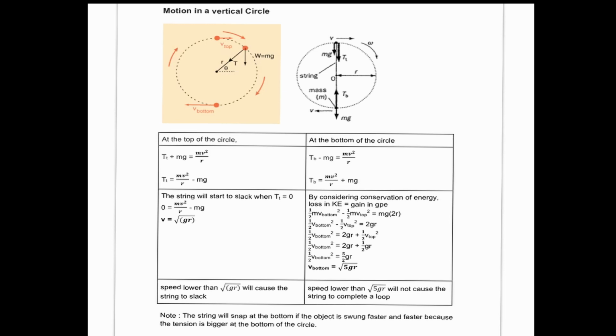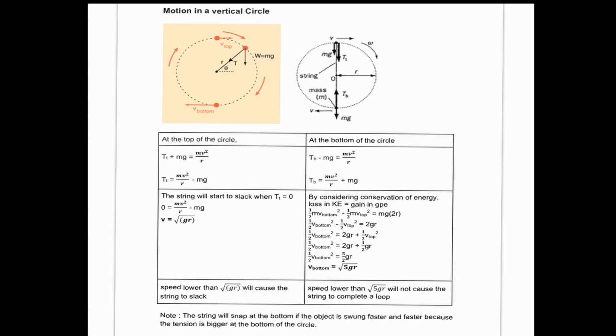So the resultant force here, which is your T plus mg, becomes your centripetal force, which is mv squared over r. Of course, you can also write it in terms of m r omega squared if you wanted, but for the purpose of this example, we will use mv squared over r.